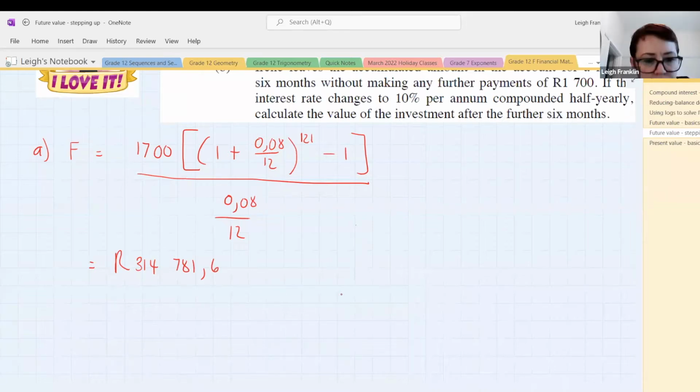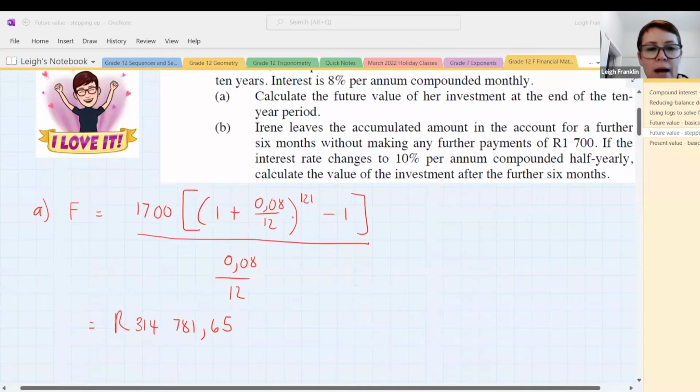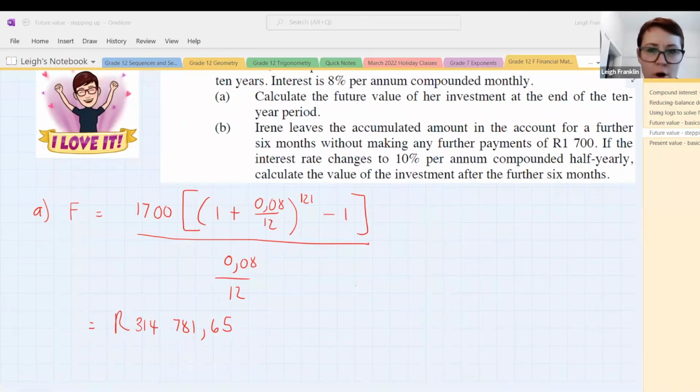Good, lovely. Now, as I said, that's not the reason that we're doing this question. Hopefully all of us by now understand this really well. The reason we're doing this question is because of what happens in part B.